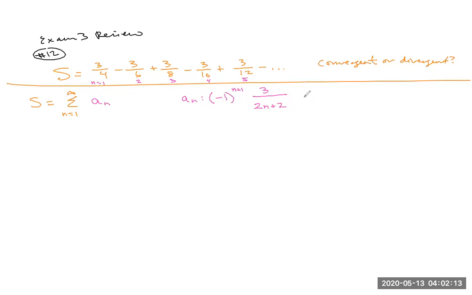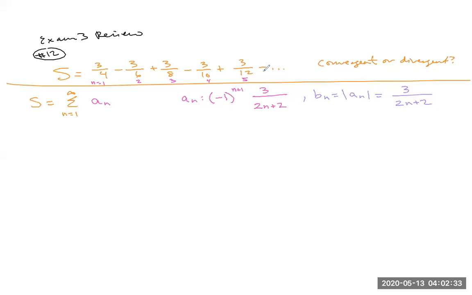All right, now B sub n is the absolute value of A sub n. So it's just all the stuff without the negative 1 attached. So 3 over 2n plus 2. Okay, rule of thumb.